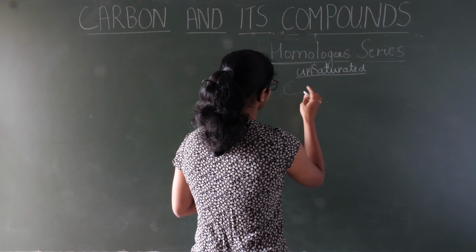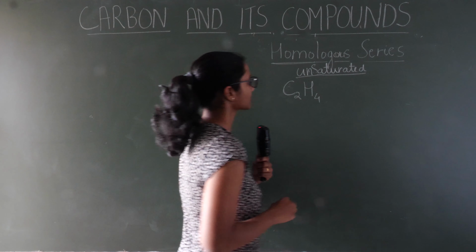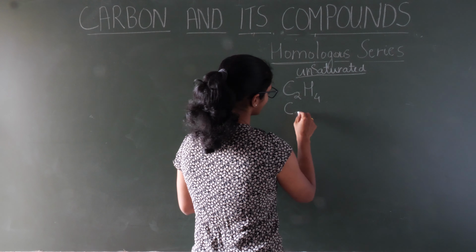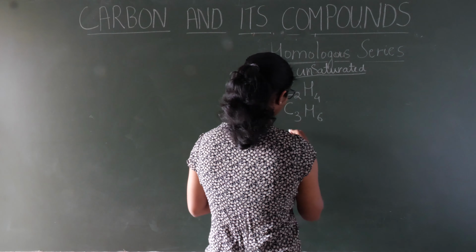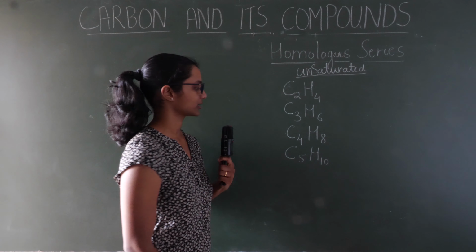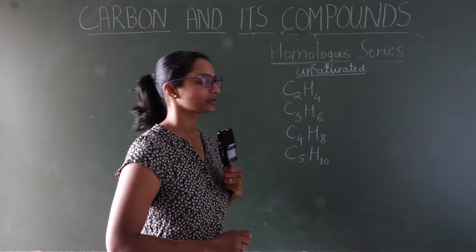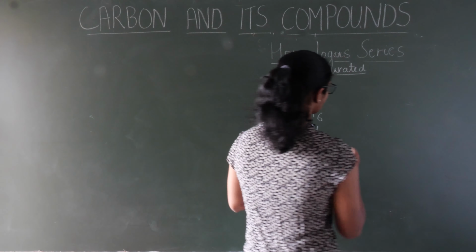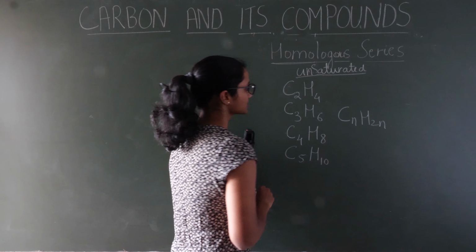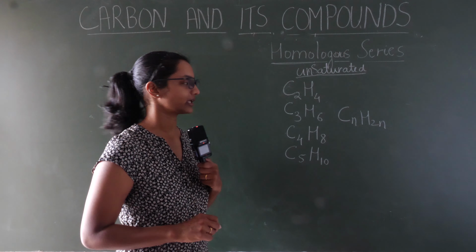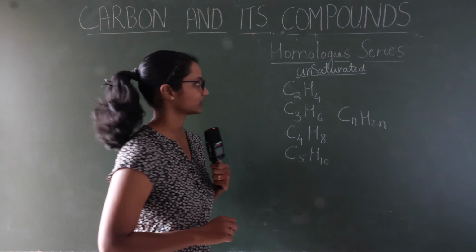We'll start with ethene. Next is propene, and so on. So by observing this, we can write a generalized formula which is nothing but CnH2n, where n is a number 2, 3, 4, 5, 6, 7 and so on.